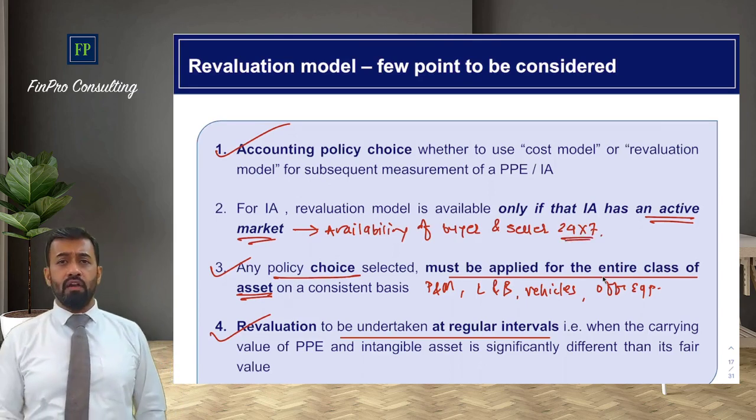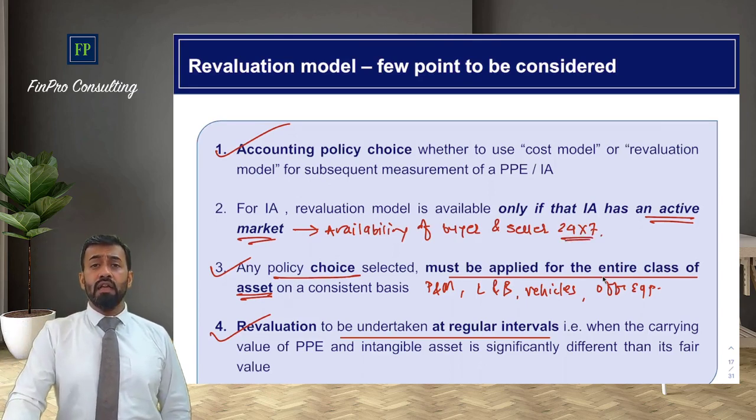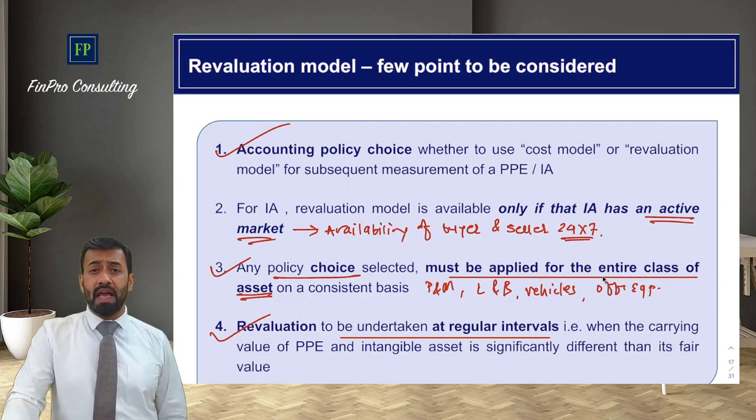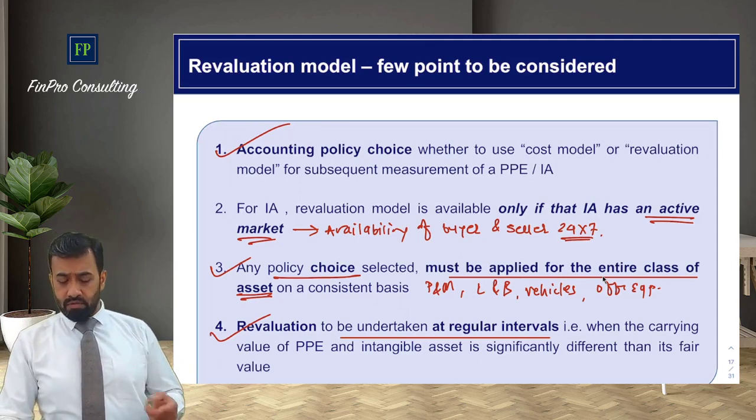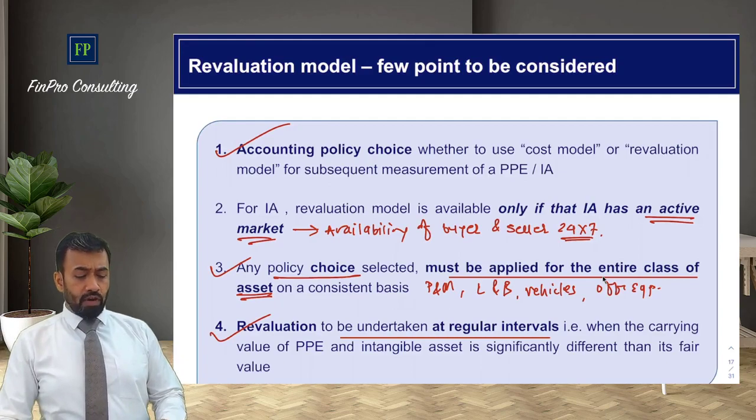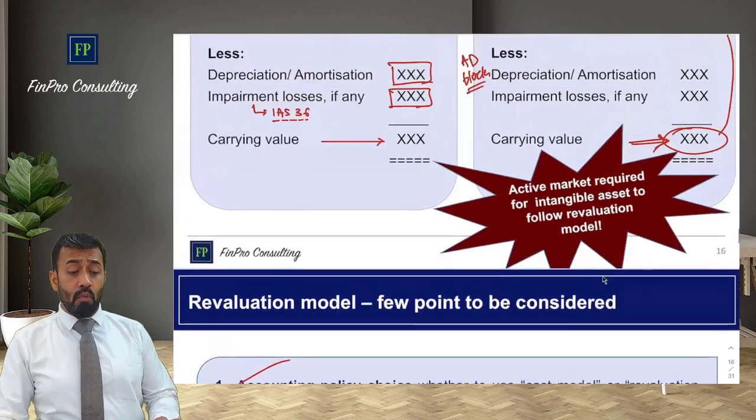It's the active market. If this is not the case, then you cannot measure intangible assets under revaluation model. So you have to be very careful. Generally, intangible assets are never measured under revaluation model. Okay. So these are the 4 pointers with respect to revaluation model per se.